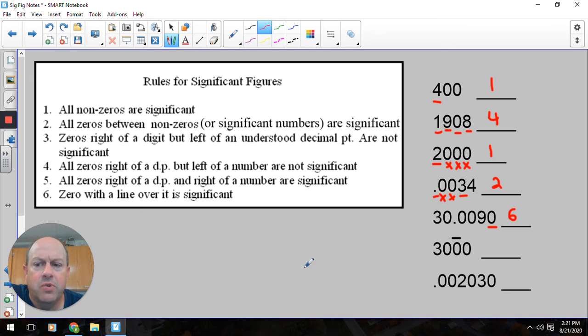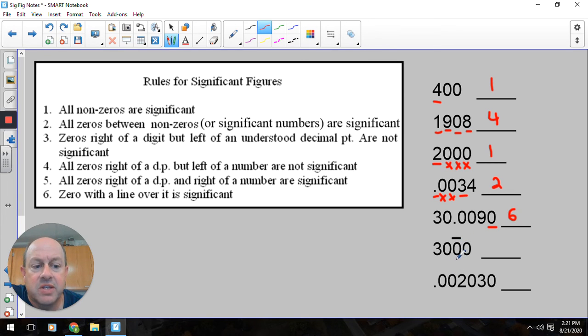And then rule number 6 is a little bit old school, but once in a while we have a scenario where we just want a specific placeholder value to be significant. So in this case, we have 3,000, and we just put a line over that 0 that we want to count as significant.